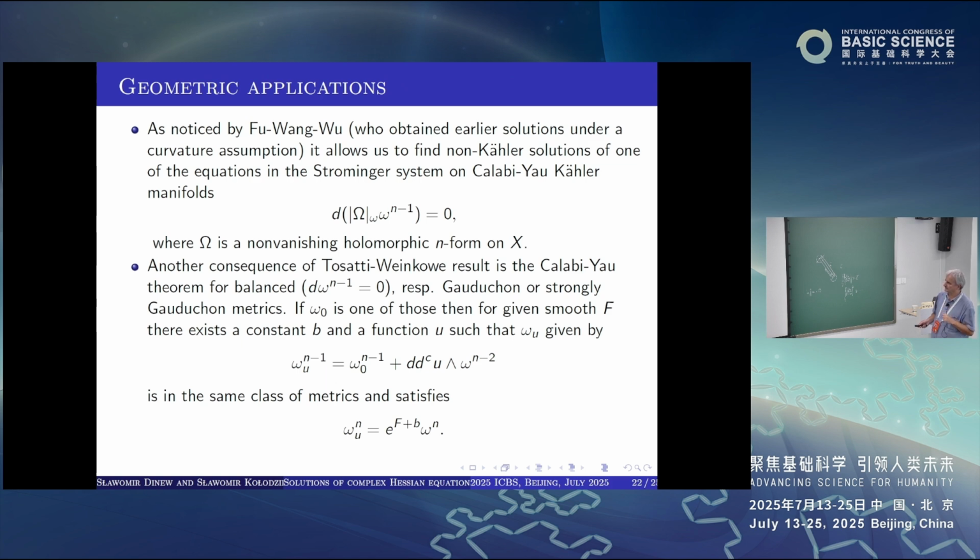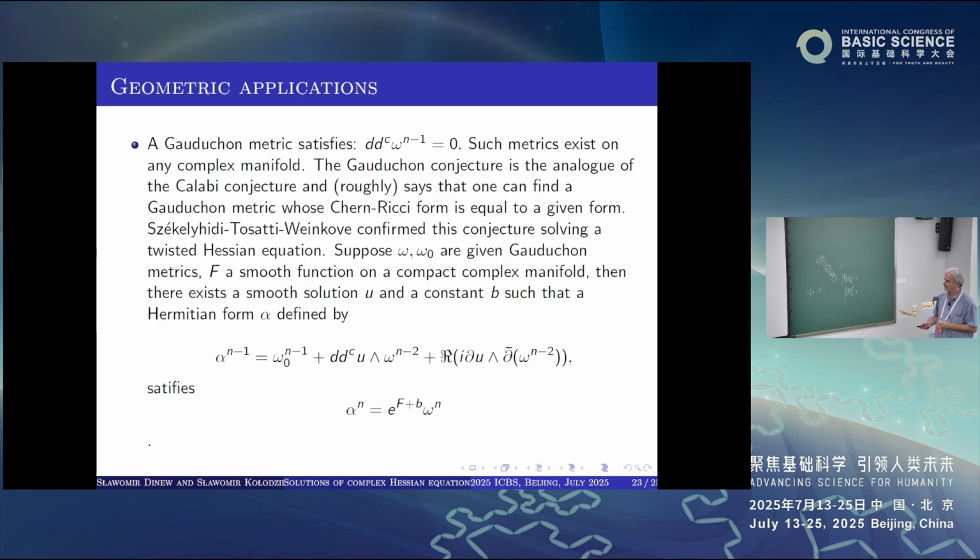That's the point. So this Tosatti-Weinkove work was continued now also with Gábor Székelyhidi, and they solved the Gauduchon conjecture.